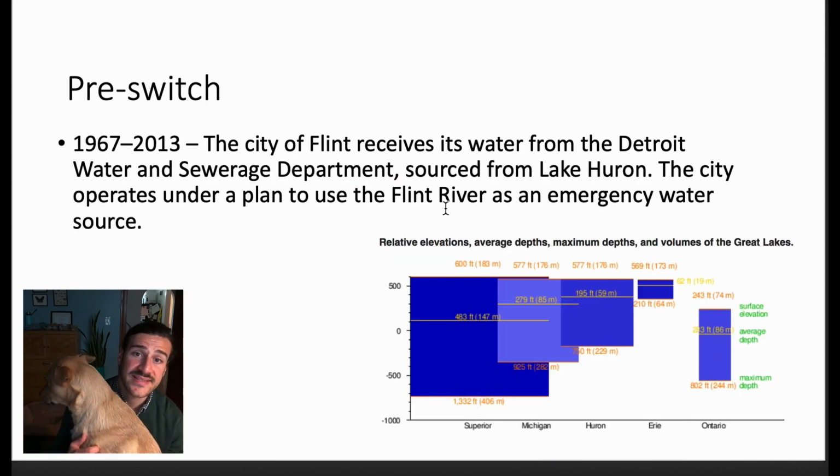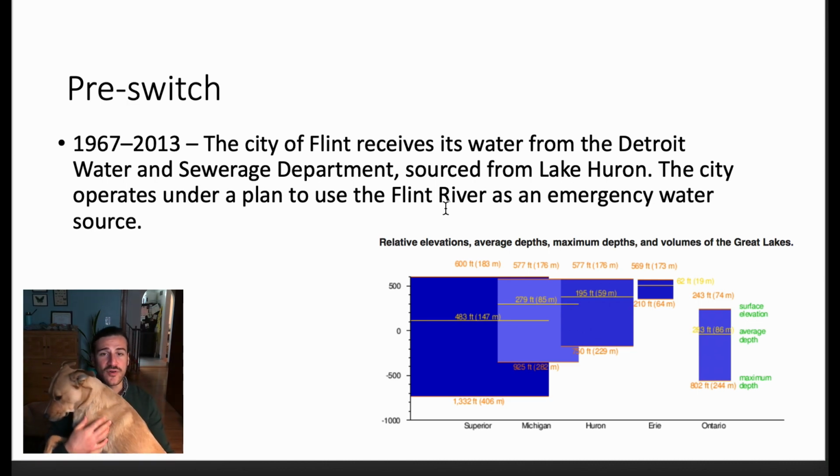So we're going to focus on the Flint, Michigan water crisis, which started in 2014. Pre-switch, from 1967 or 1970 to 2013, the city of Flint received water from the Detroit River, as well as Lake Huron, and they operated a plan to only use the Flint River as an emergency source.